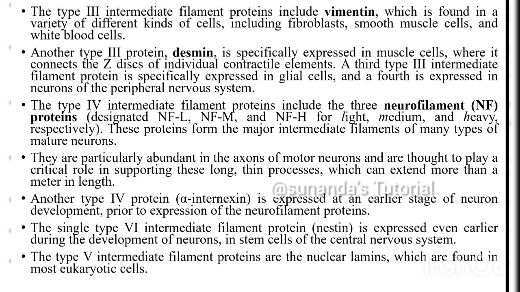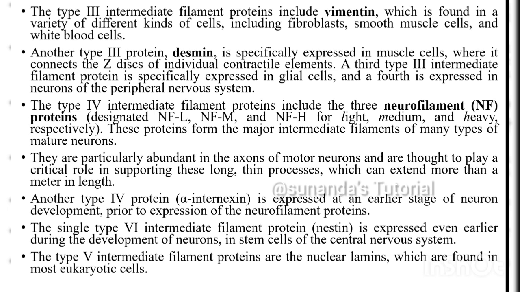Then type 6, called nestin, is expressed even earlier during the development of neurons, in the stem cells of the central nervous system. Next, type 5 intermediate filament proteins are nuclear lamins, which are found in most eukaryotic cells, because the nuclear membrane is present in eukaryotic cells, while prokaryotic cells lack a nuclear membrane.